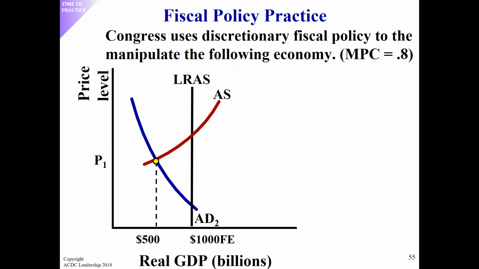Cameron, this is what we initially started with. How big is this gap? It says billions, but that's on the bottom. So 500. Now, Dom, if the MPC is 0.8, what is the money multiplier going to be? 5.